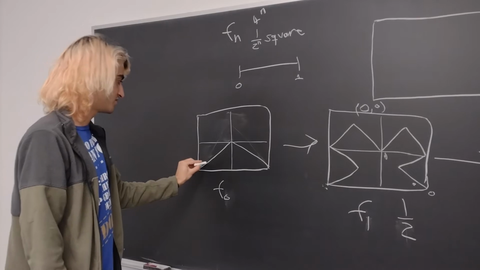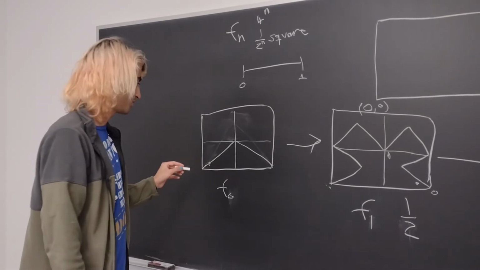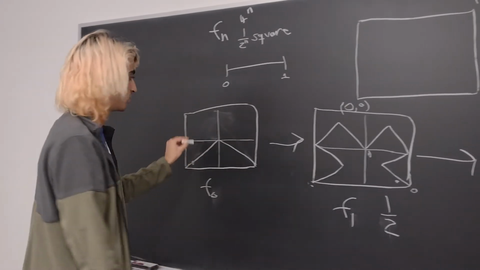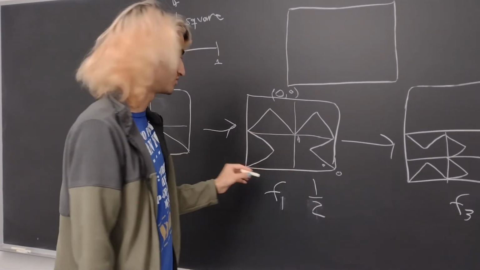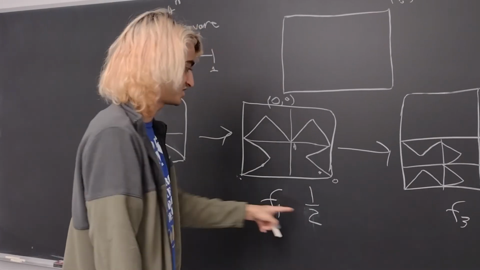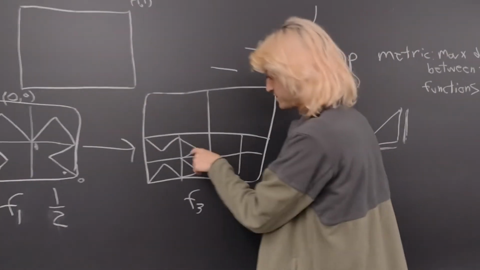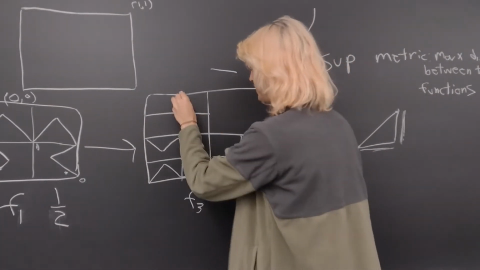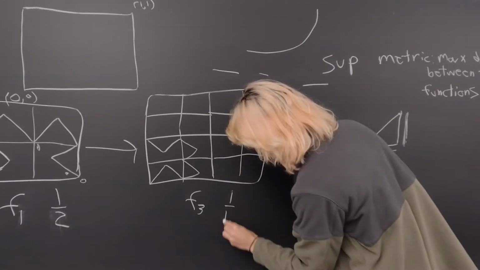But any point on this function is going to be inside one of these smaller squares. And this function is also going to be inside each of those smaller squares, which means that the maximum distance has to be less than 1/2. If we do the same argument here, this function is going to go inside each of these smaller squares with side length 1/4.